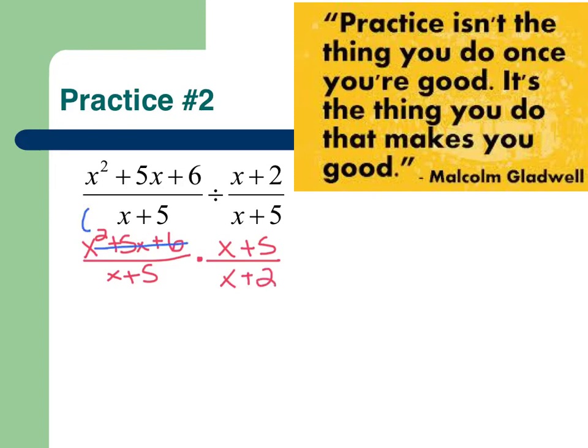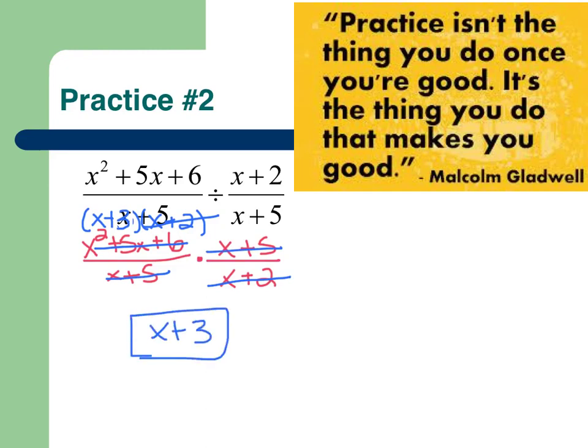This is going to factor to x plus 5 times x. I was going to factor to x plus 3 times x plus 2. Didn't leave myself very much room up there. So x plus 2, x plus 2, x plus 5, x plus 5, and I'm left with just x plus 3. There's no restrictions on the domain because there is no denominator.